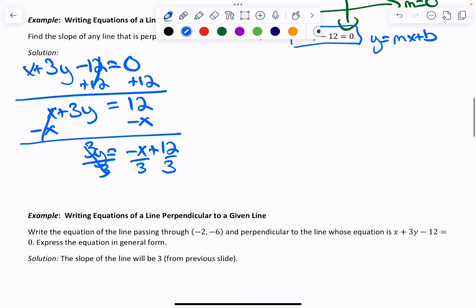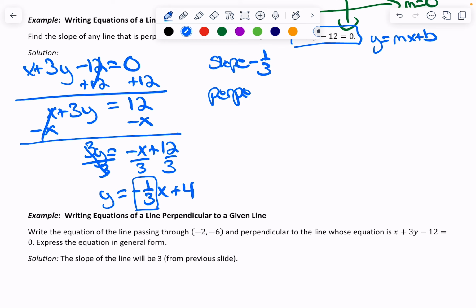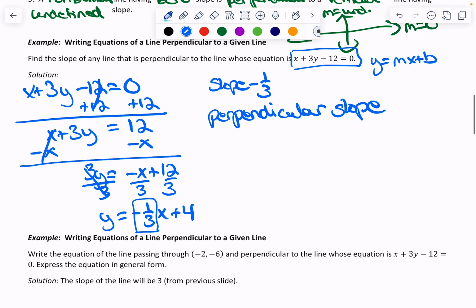All of them. So y equals negative 1/3 x. 12 divided by 3 is 4. Okay, now our slope is going to be negative 1/3 for this line. Now, if we want a perpendicular slope, what we are going to do is take the negative 1/3.